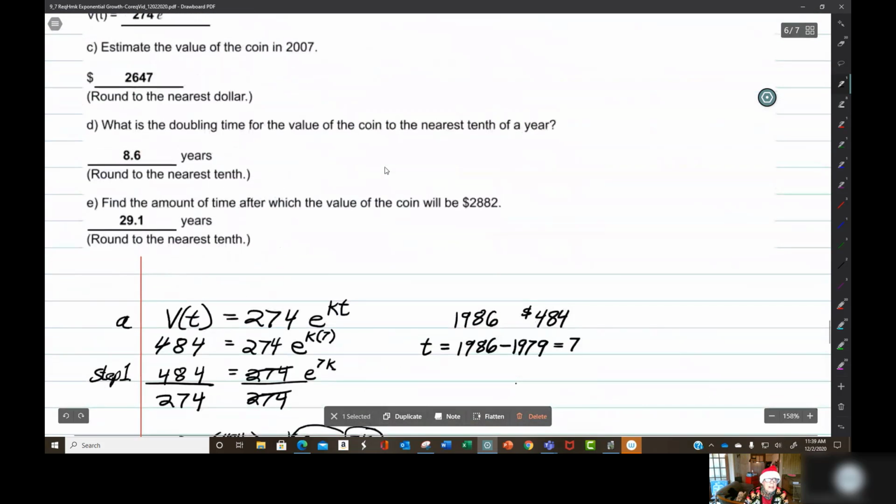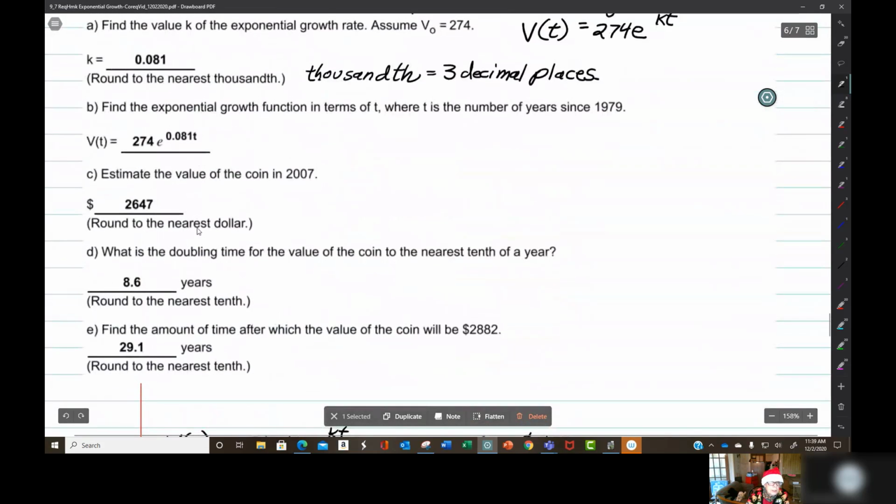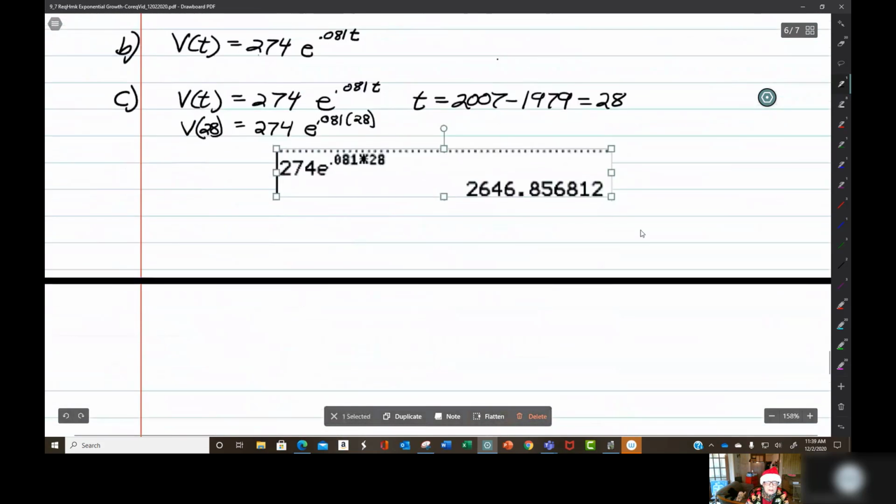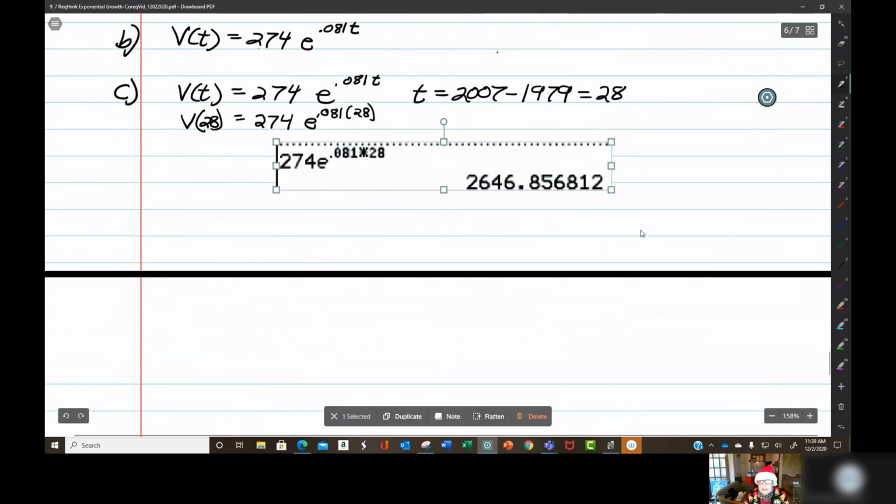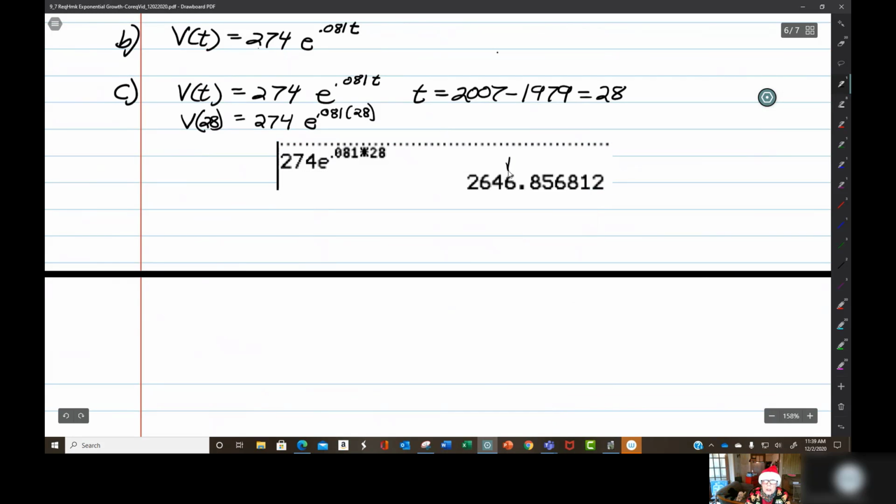Now what does it say? It says round to the nearest whole dollar. Okay, so here's where the dollar part ends, the whole number part. The whole number part ends with the 6.